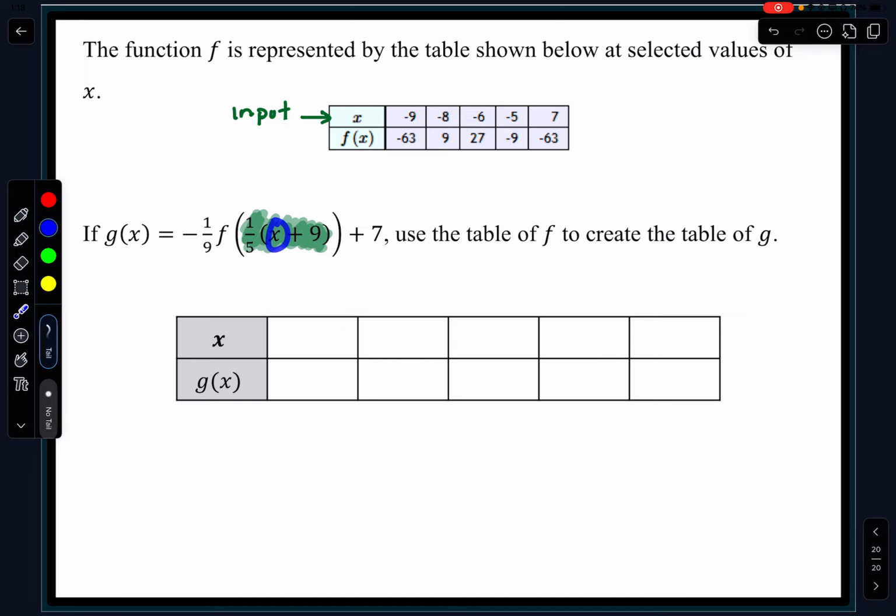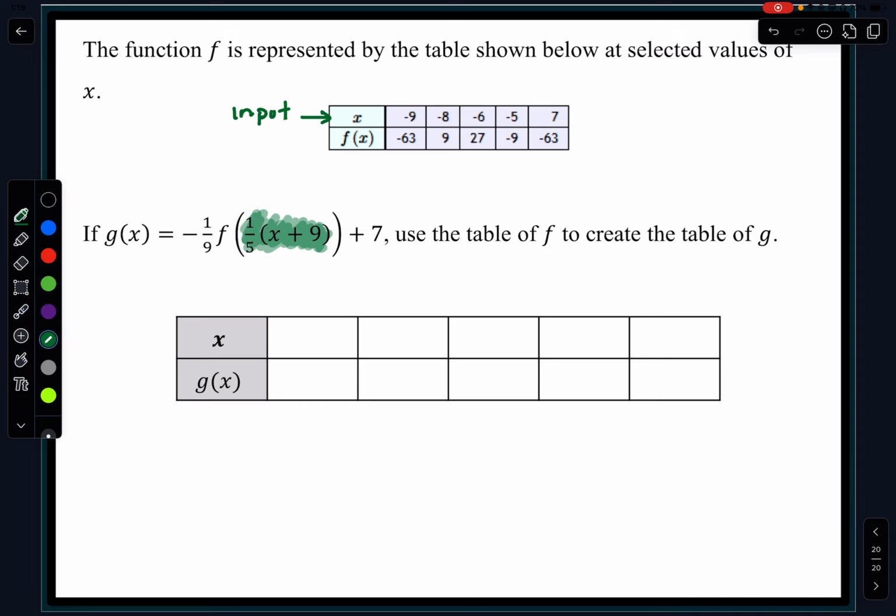So instead of multiplying the x by 1 over 5 and adding 9, we're going to do these things in the opposite way. Normally we'll work on the inside and then work out, but because we have this notation, we start with dilations first. Always dilations first. So here, we're not going to multiply our x with this 1 over 5.